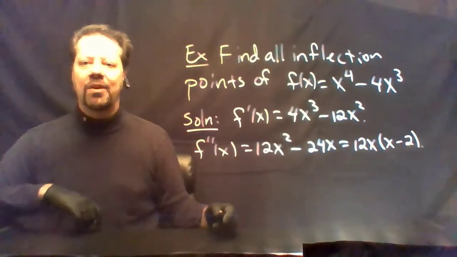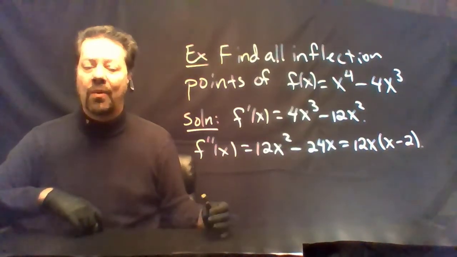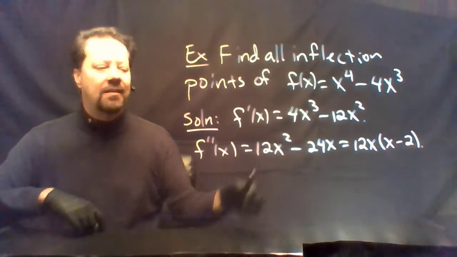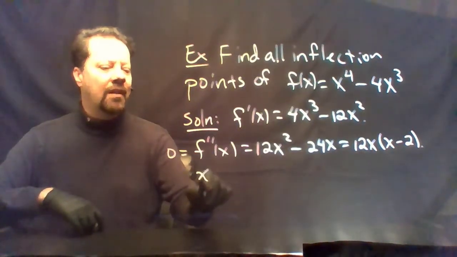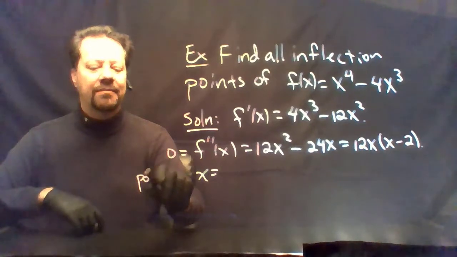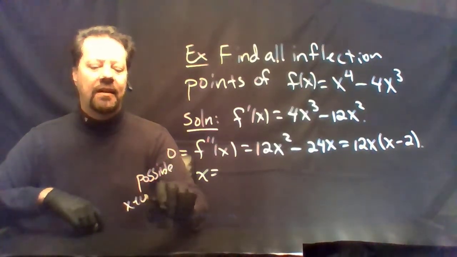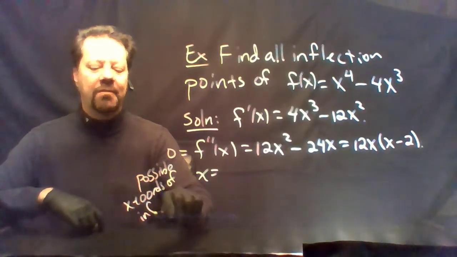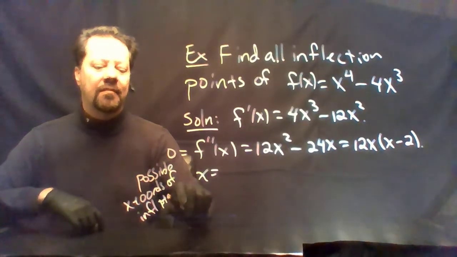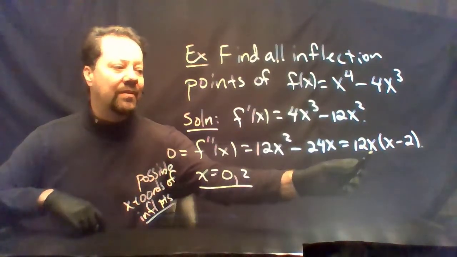The only place where you may have an inflection point is where the second derivative is either 0 or does not exist. In this case, if we set the second derivative equal to 0, the only possible x coordinates of inflection points are going to be x equals 0 and x equals 2.